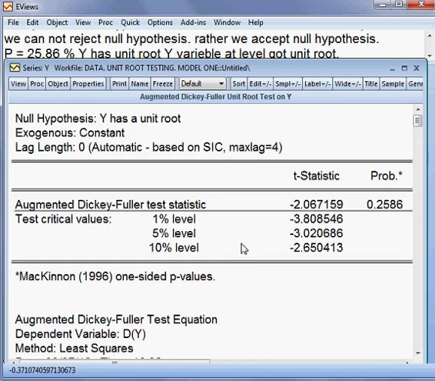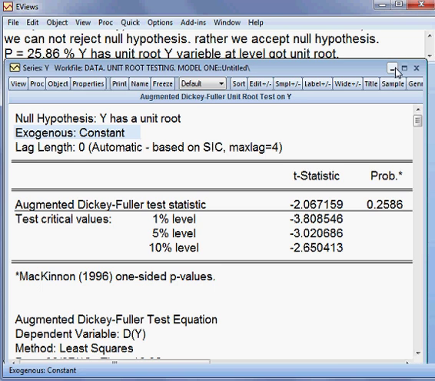So this is the first model having constant. That is the first model, constant, and from here y has a unit root.